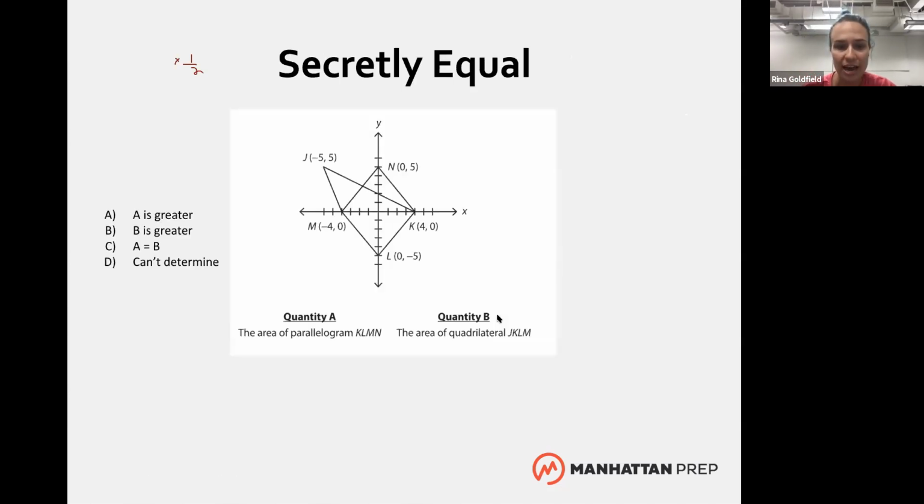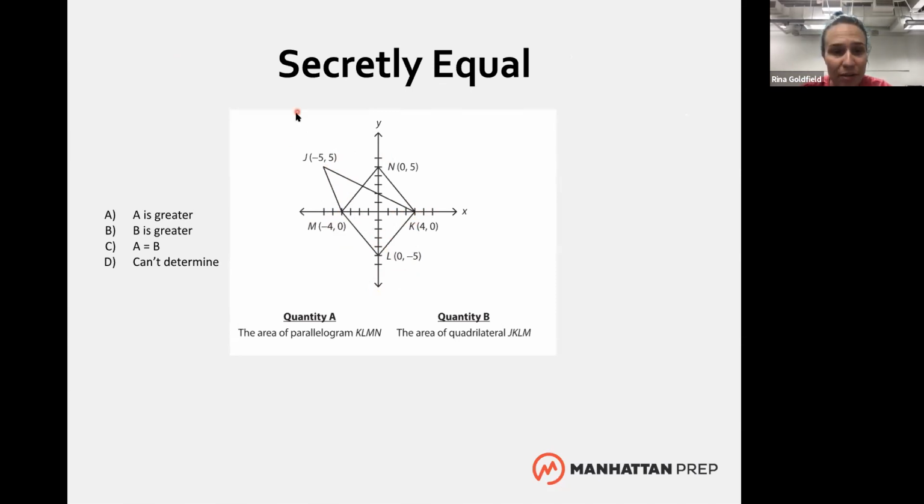So let's look at our first one here. Notice parallelogram KLMN. Let me spotlight that here. So KLMN, this one here, and JKLM, this one here, they share this bottom triangle. Yes, Wenjin, right? Base and height are going to be equivalent on all of these. That's what it gets to.